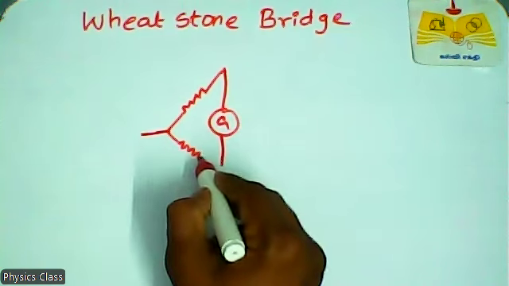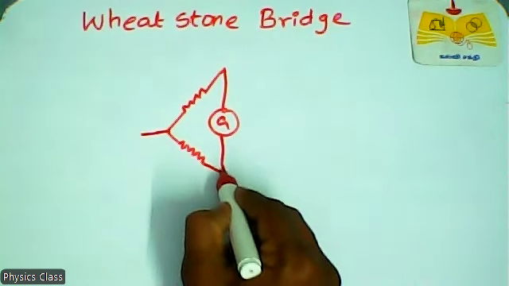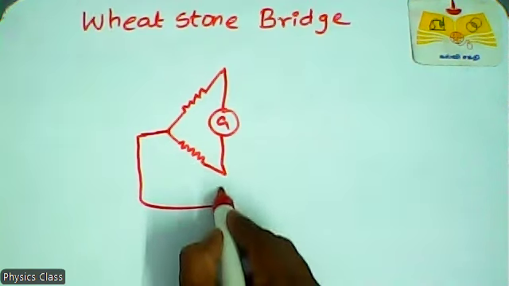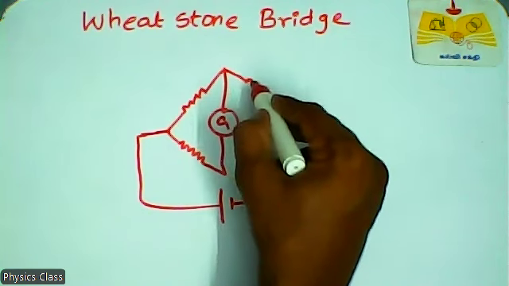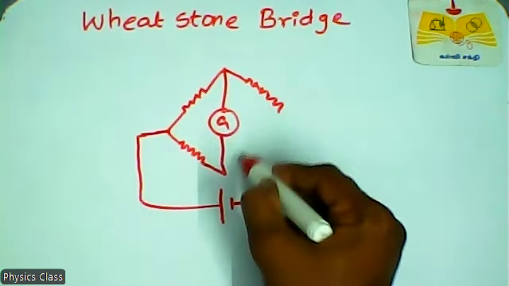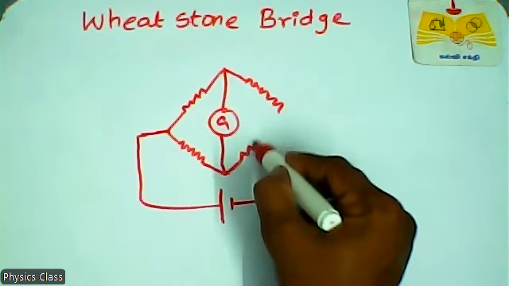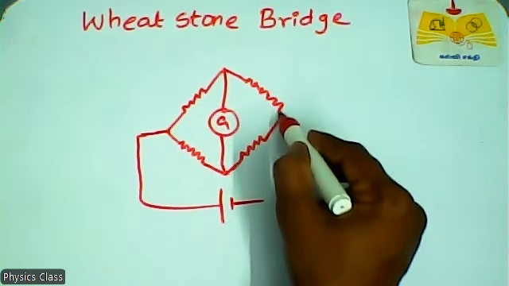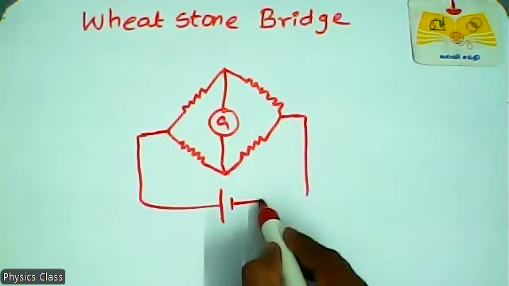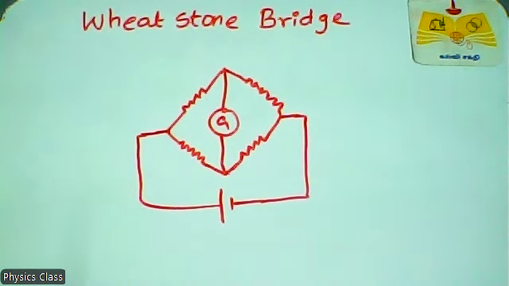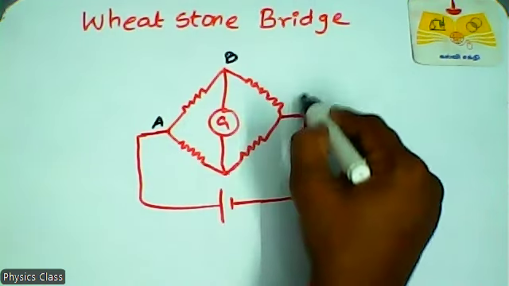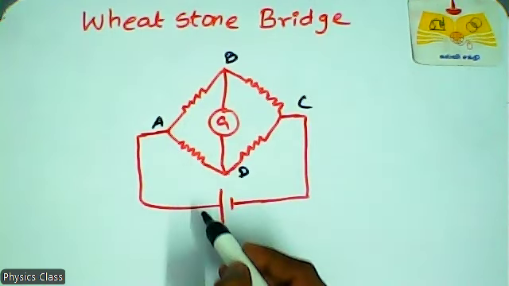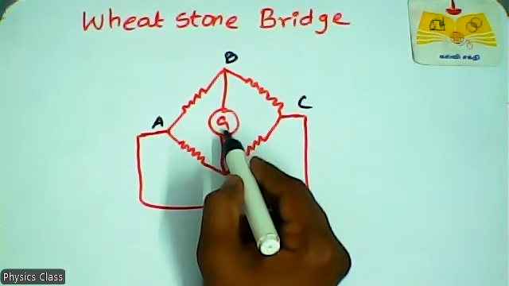This is junction A, this is junction B, this is C, this is junction D. This is the galvanometer.